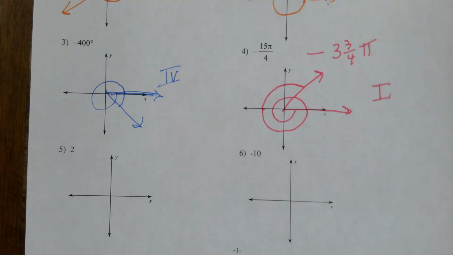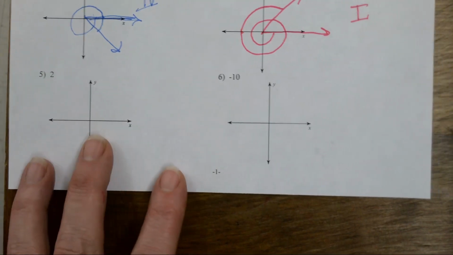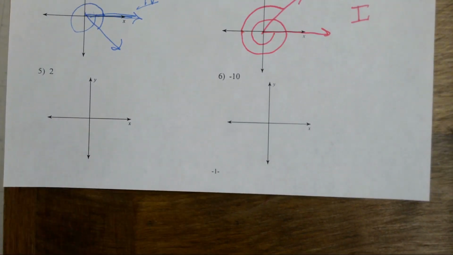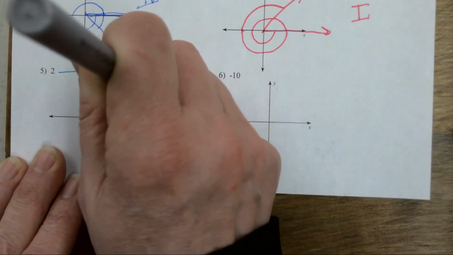So this is not 2 degrees. This is 2 radians. But where is the pi? If I don't see the pi, it is embedded in the radians already. So what I want to do is take this 2, and I want to get the pi out.